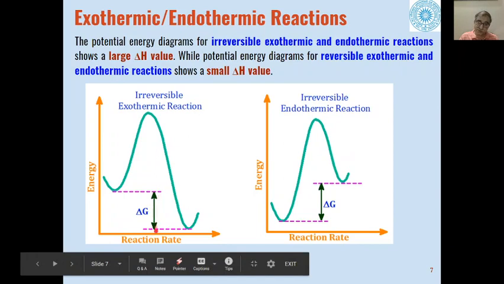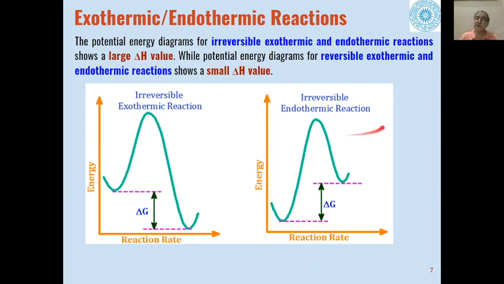And if the energy gap between these two is high, the delta H or delta G value is larger, then such exothermic reactions are called irreversible exothermic reactions. Similarly, if this value is high in the case of endothermic reactions, then such endothermic reactions are called irreversible endothermic reactions.